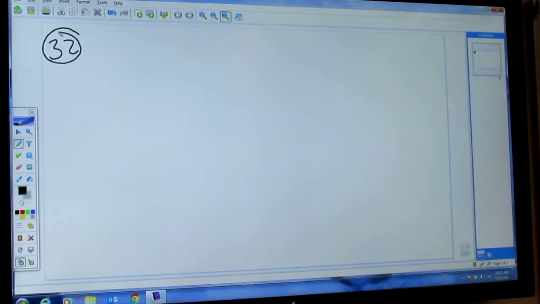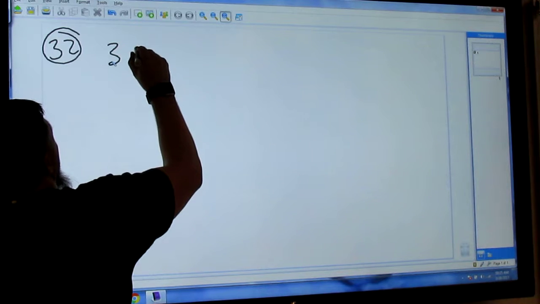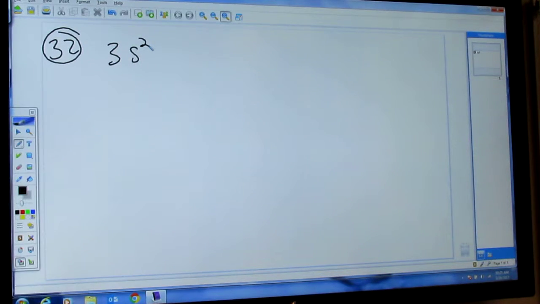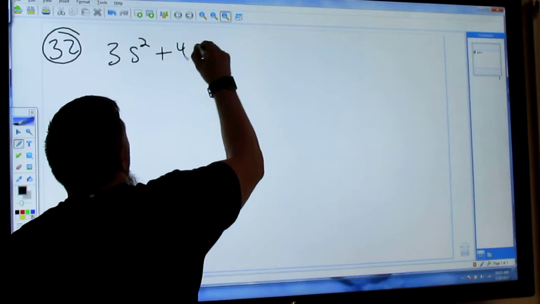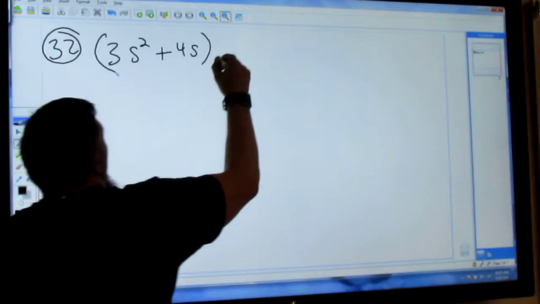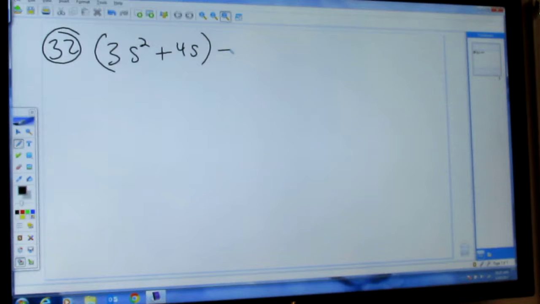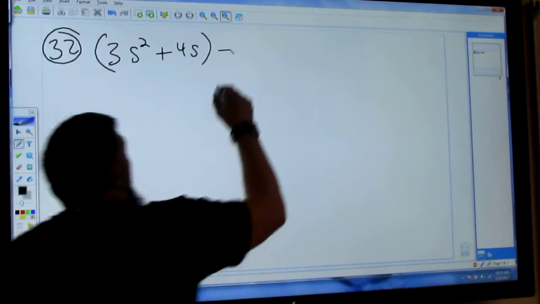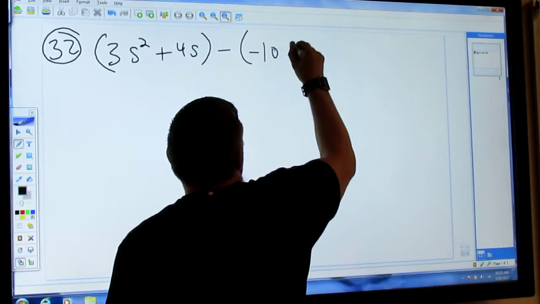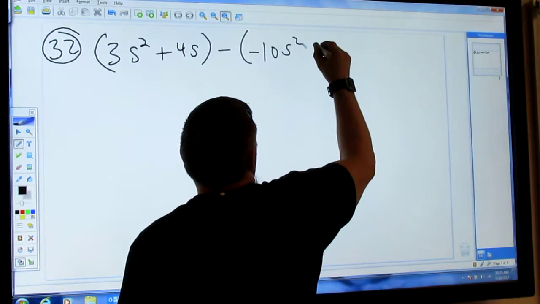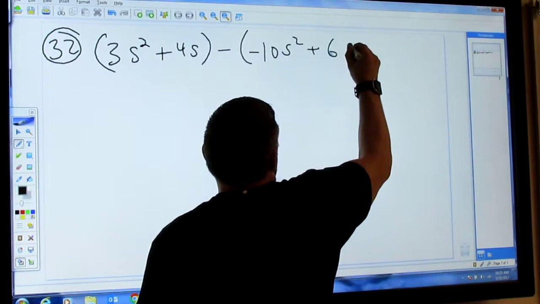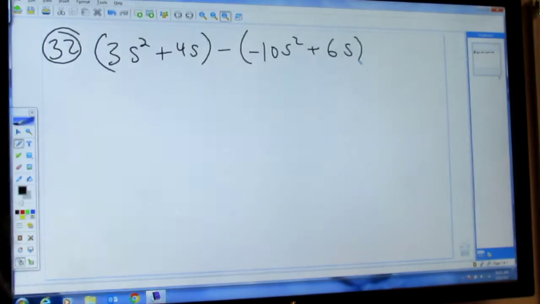32 is 3s squared plus 4s minus negative 10s squared plus 6s.